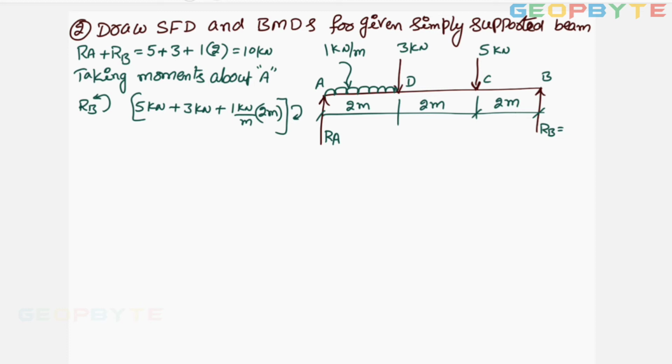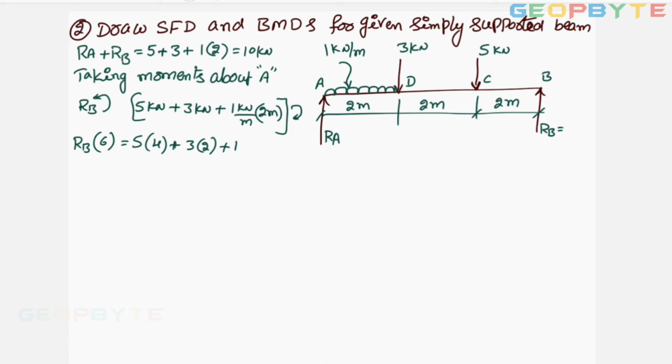Taking moments about A means RB into the distance up to A, which is 6, must be equal to the moment due to 5 kilonewtons, 5 into the distance up to A, 4, plus 3 into the distance up to A, 2, plus the UDL.